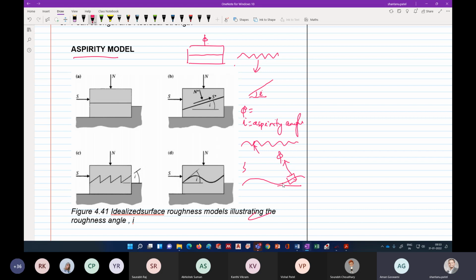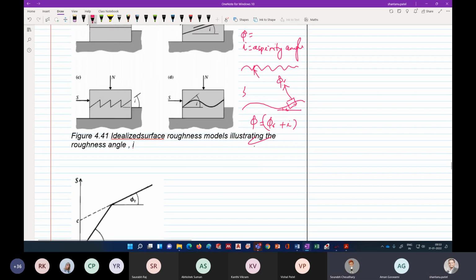Now, if we have some waviness in the joint, which is our asperity angle I, then the effective friction angle becomes phi equal to phi r plus I. Okay, is this clear? The effective friction angle.